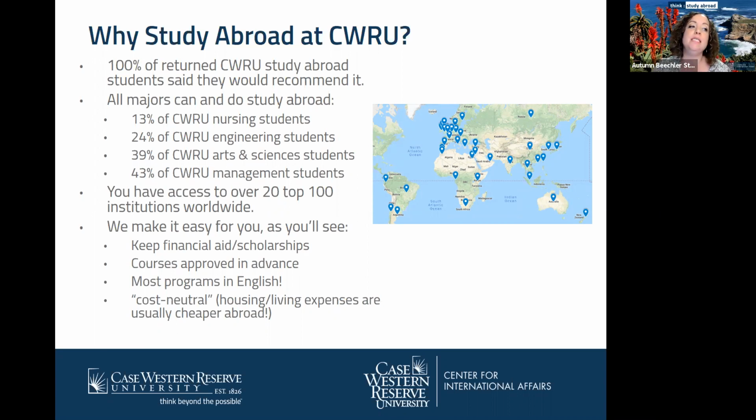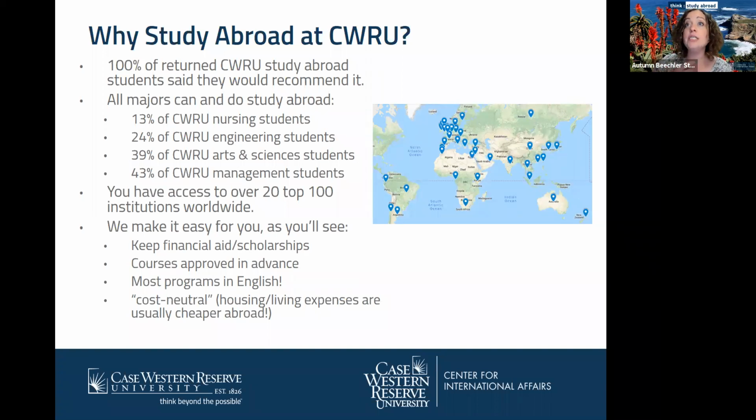So what that means is that when students go on study abroad programs for a semester, any of these locations where you can see the little blue dots on the map, they're going to pay their Case Western Reserve University tuition, no matter what that cost is. So the cost doesn't change whether they choose Oxford or the Sorbonne or the National University of Singapore.